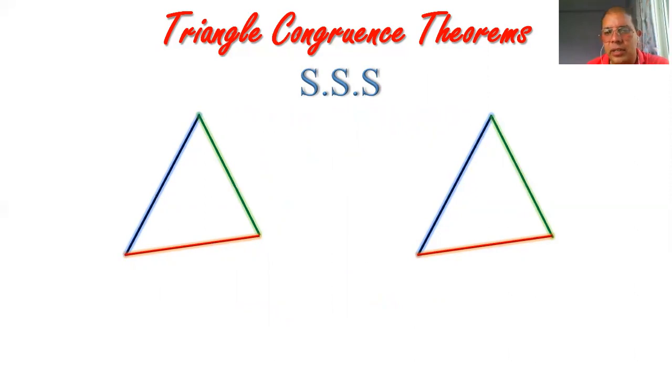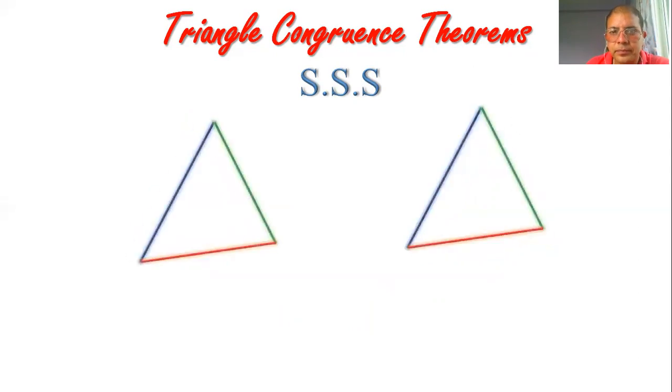So these are coincident. That means first side is equal to the other first side, second side is equal to the other second side, and third side is equal to the third side. In your figure, the blue side is equal to the other blue, red is equal to the other red, and green is equal to the other green. So these sides are respectively equal in these two triangles.